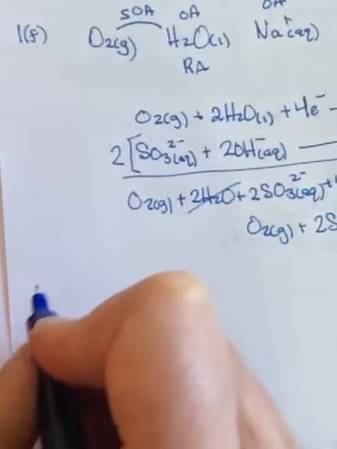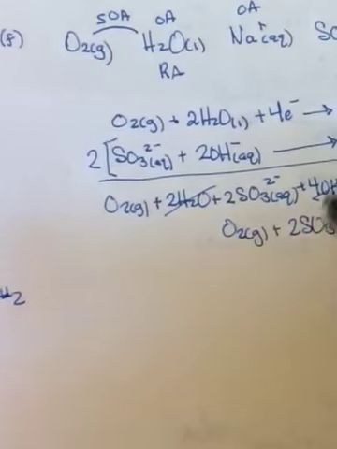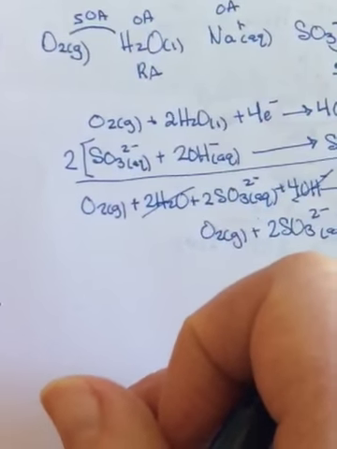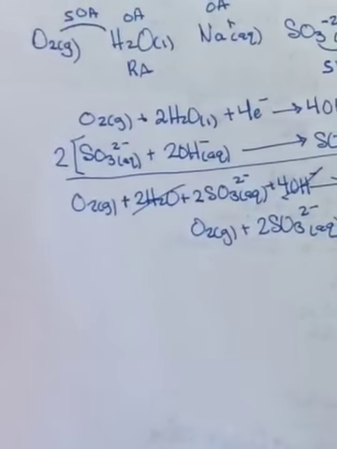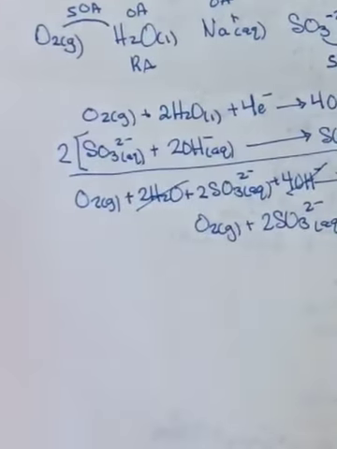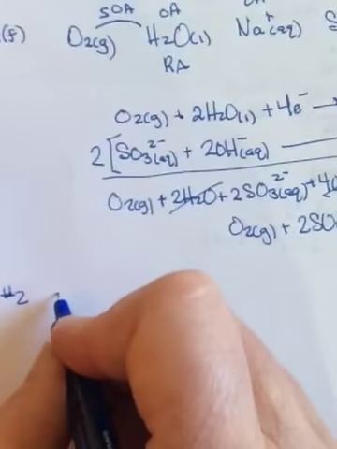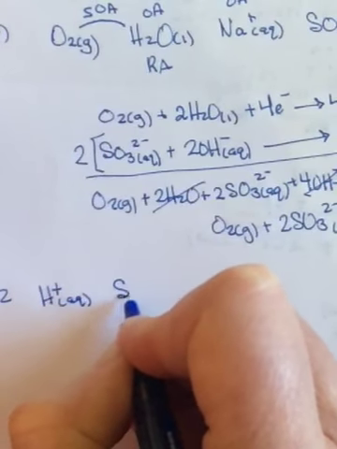Okay, that's number 1 now complete. Number 2 says, as part of a design of a chemical analysis, a chemical technician prepares an acidic tin 2 chloride. Acidic, which means there's going to be H positives. And we're going to run out of time.